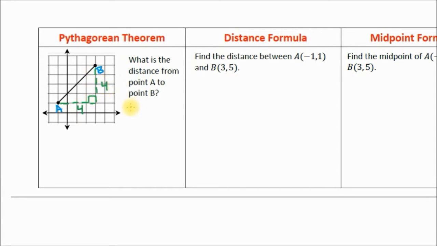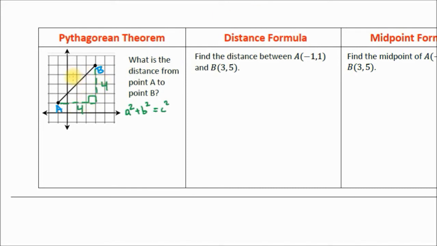And we know we can use Pythagorean theorem here because a squared plus b squared will always equal c squared if we're looking at a right triangle. A and b are the legs of the triangle.